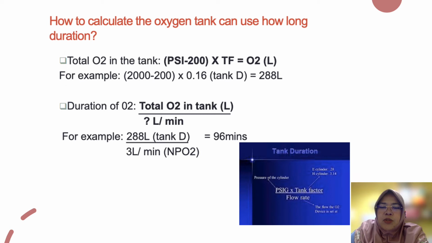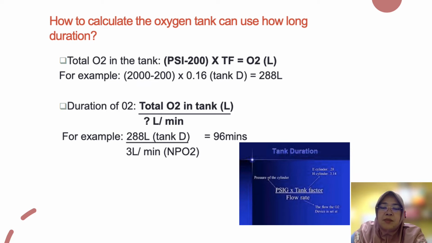So this slide shows how to calculate the duration for the given oxygen in a specific tank. Total oxygen in the tank equals PSI minus 200 PSI. PSI stands for pounds per square inch, or more precisely pound force per square inch.